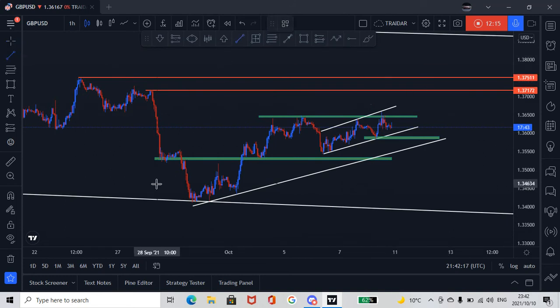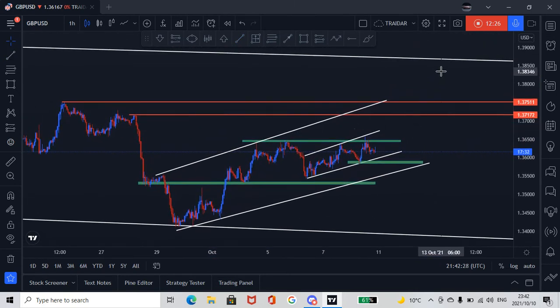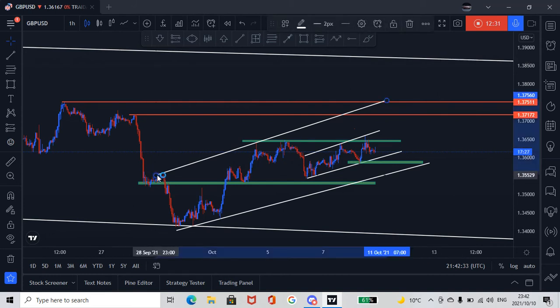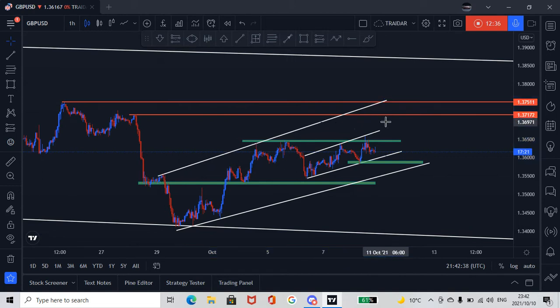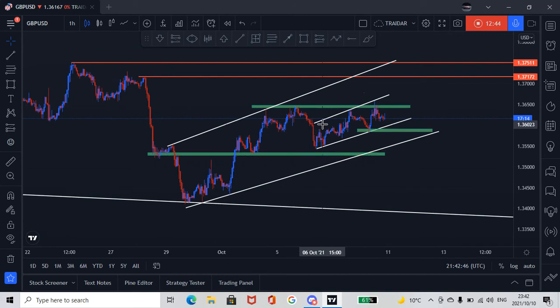You understand? So I have to identify this one again, because the market has to get here at least. I don't want us to fight here. You can see the market is forming a channel within a small channel.